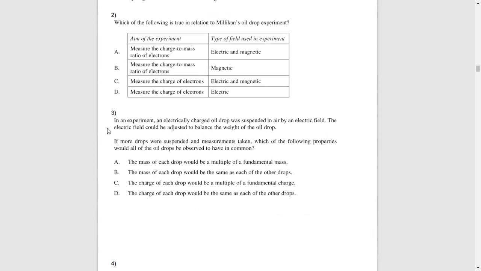This is definitely Millikan's experiment. So if more drops were suspended and measurements taken, which of the following properties would be observed? We don't know that the mass is all the same, but what they're really testing on is the fact that the charge of each drop would be a multiple of a fundamental charge, e.